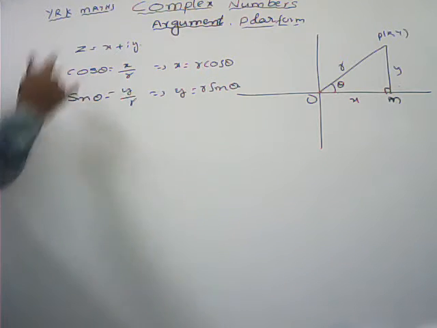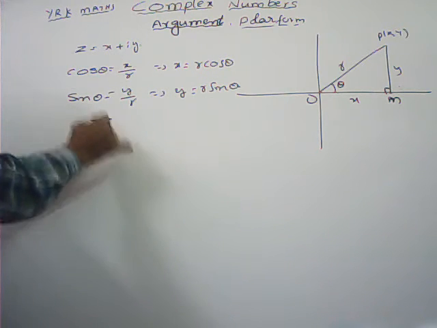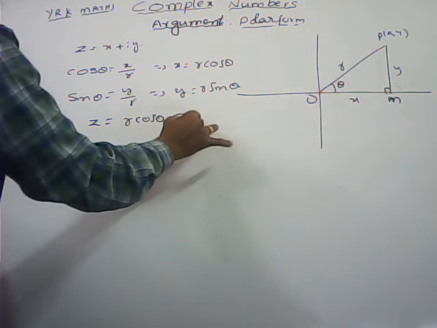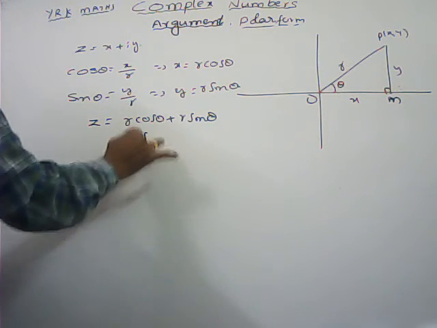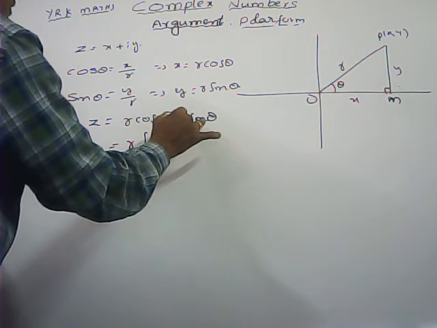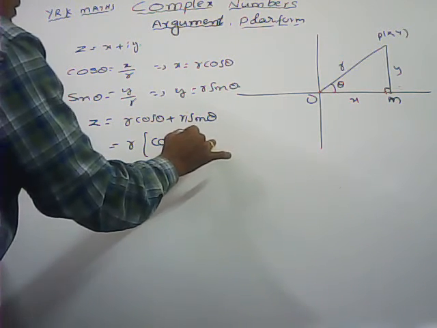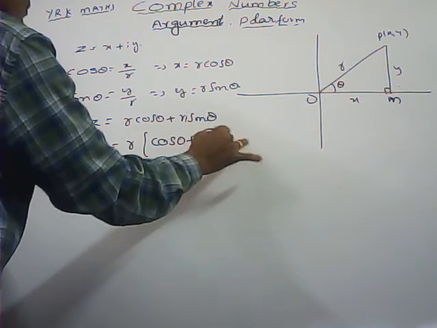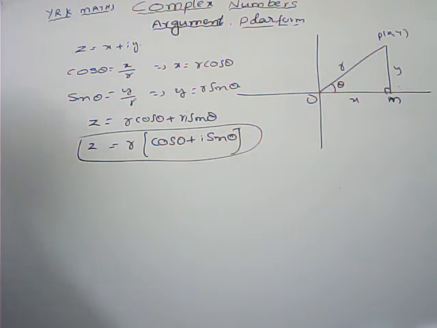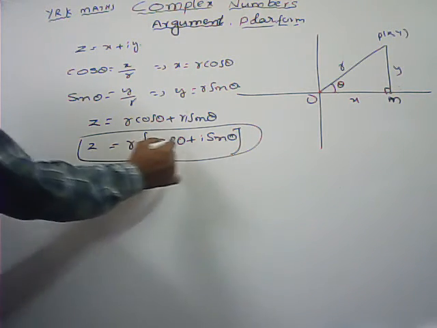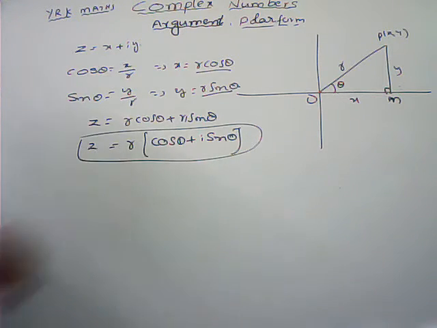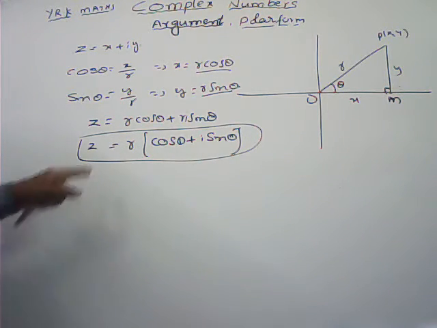Now if I substitute these two values in the given complex number, we get r cos theta plus i r sin theta, that is r into cos theta plus i sin theta. This is the polar form of the complex number. Polar coordinates are r cos theta, r sin theta.